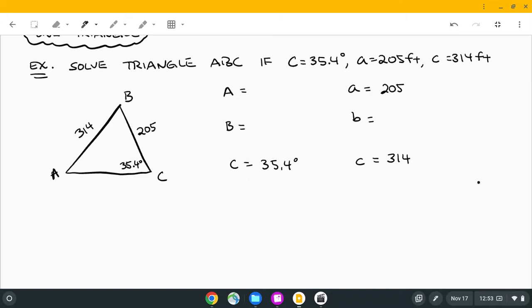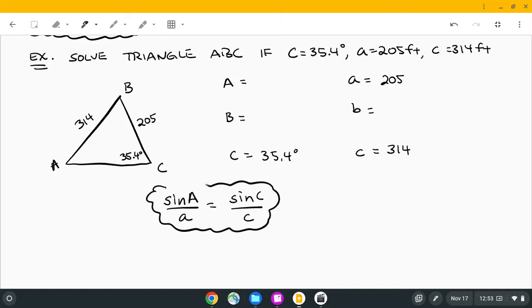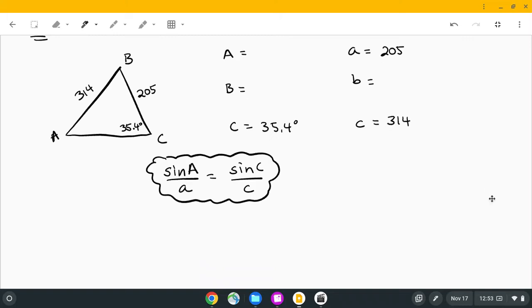So let's go ahead and do that. All right, so I can do sine A over little a is sine C over little c. Okay, so this is the one I'm going to use. So sine A over 205 equals sine 35.4 degrees, make sure you're in your degree mode, over 314.